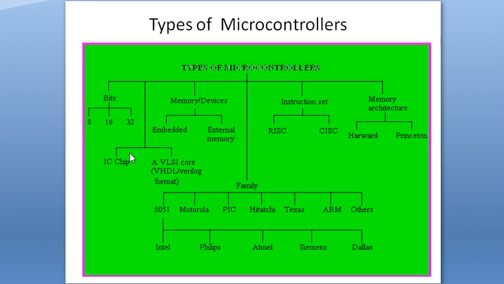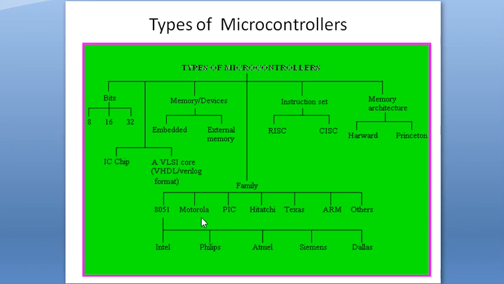Then controllers can be designed on a single IC chip, or using a VLSI core, like using FPGA devices or CPLD devices. If you look into the memory devices, it can be embedded or use external memory. Then for the family, we have the 8051, designed by Intel, Philips, Atmel, Siemens or Dallas.